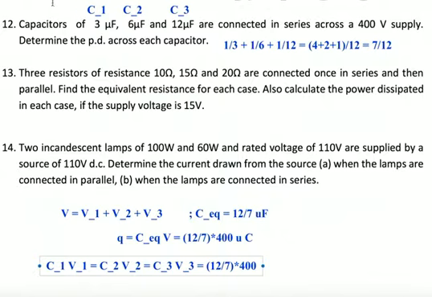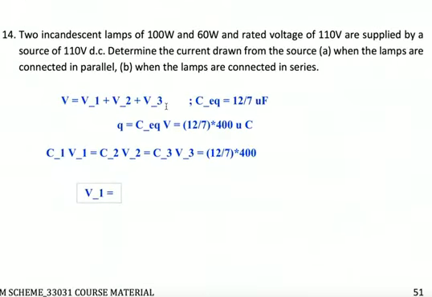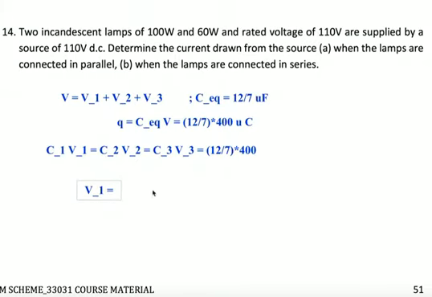C1 is 3 microfarad. What about V1 then? V1 is Q divided by 3 microfarad, so 1600 by 7. Micro will cancel out. This is volts. That is V1. What about V2?